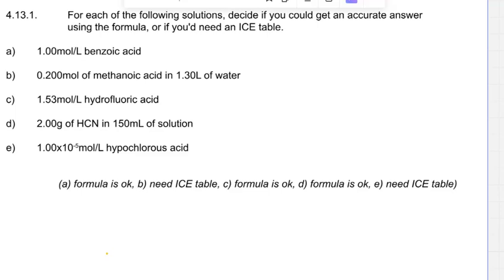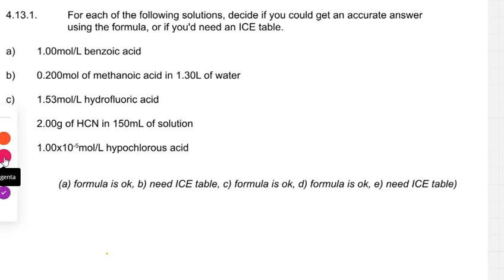So the way you check is you're given an acid and its concentration. You first look up the acid constant for whatever your acid is. So benzoic acid, you go to page 8-9 in the data book, you locate benzoic acid, which is at the very top of page 2, and its acid constant is 6.3 times 10 to the minus 5.